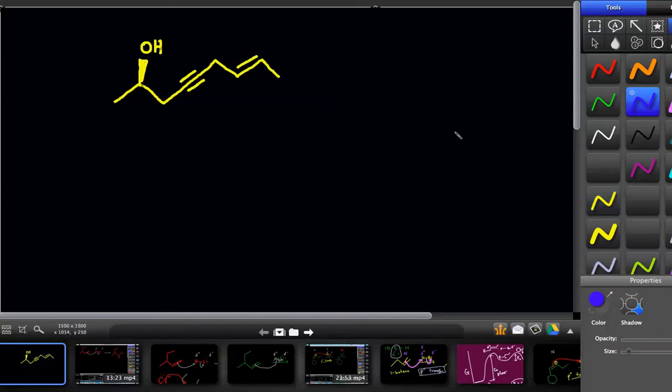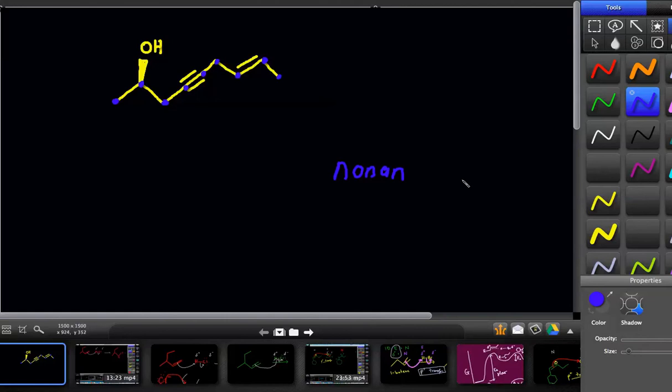So we have 1, 2, 3, 4, 5, 6, 7, 8, 9 carbons. So that has a nonane root.